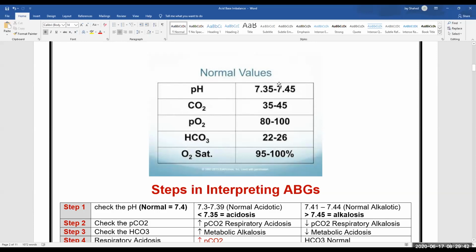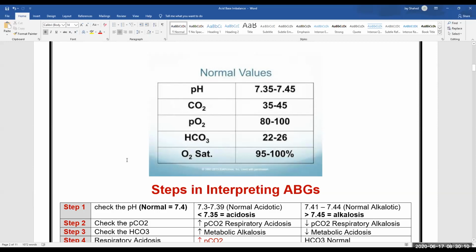Anything above 7.4 up to 7.45 becomes more alkaline or basic, but it's still within the normal range. Anything way above 7.45 becomes basic or alkaline. Anything below 7.35 will become acidic. So this range right there is normal, but the perfect number is what? 7.4.